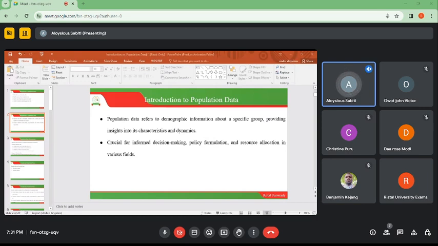But also looking at dynamics, we want to understand how the populations interact. For example, we want to understand how places of residence might influence a certain behavior, probably a health behavior or probably an economic seeking behavior.